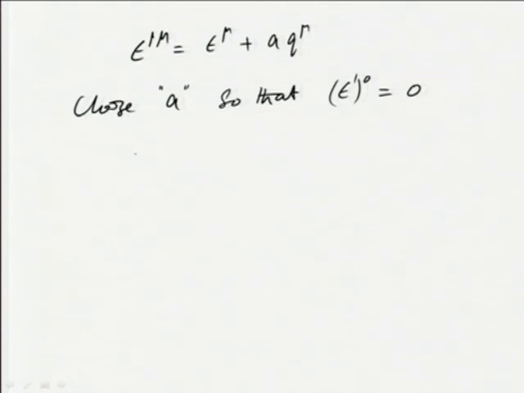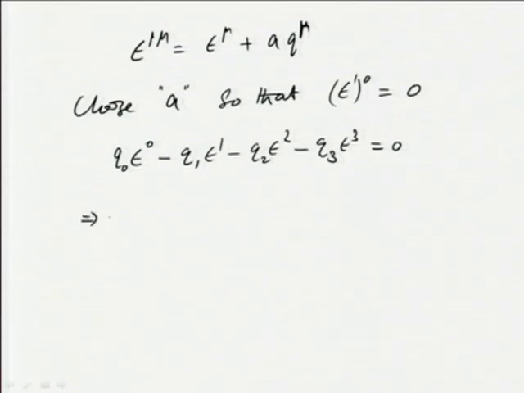Initially we had a condition on epsilon, that q 0 epsilon 0 minus q 1 epsilon 1, q 2 epsilon 2, q 3 epsilon 3 equal to 0. This is applicable to epsilon prime as well, because it satisfies the same Lorentz condition. This is basically the Lorentz condition, and changing it by lambda, with dou mu dou mu lambda equal to 0, will not change the Lorentz condition.